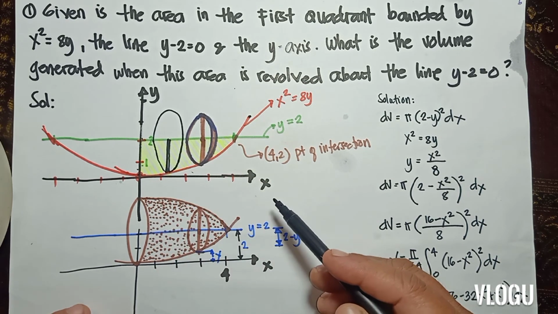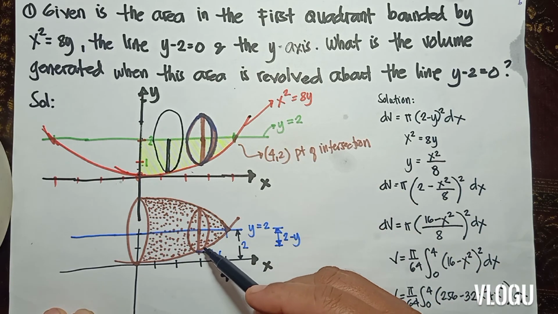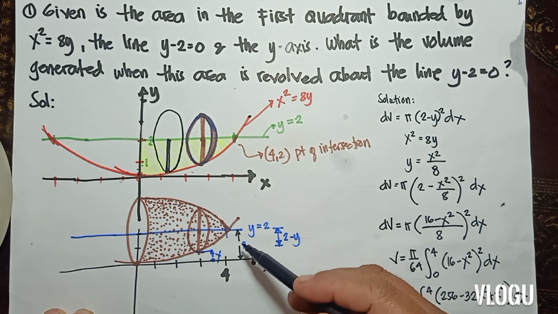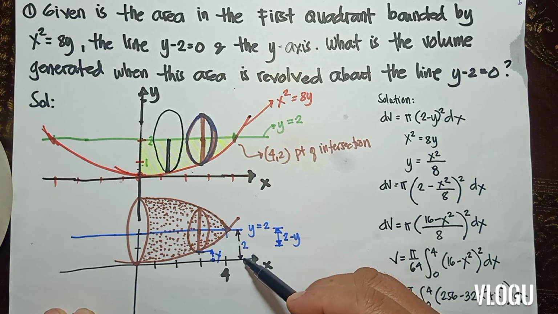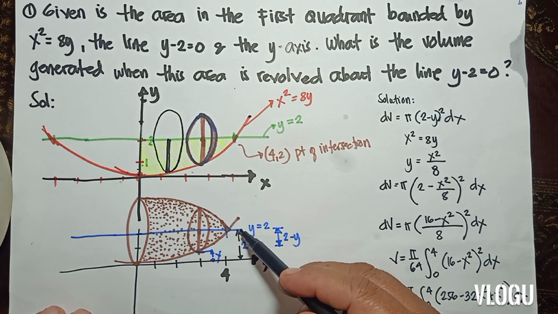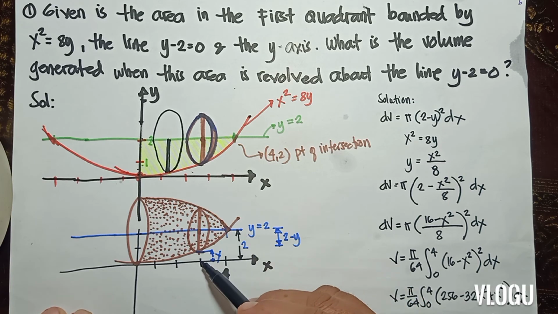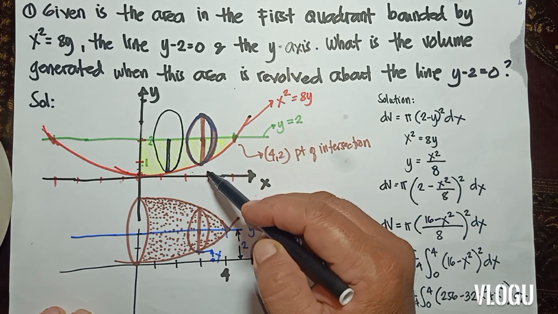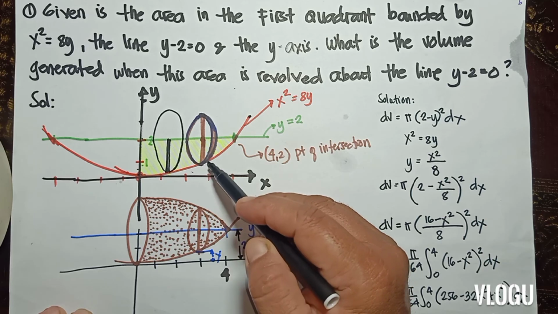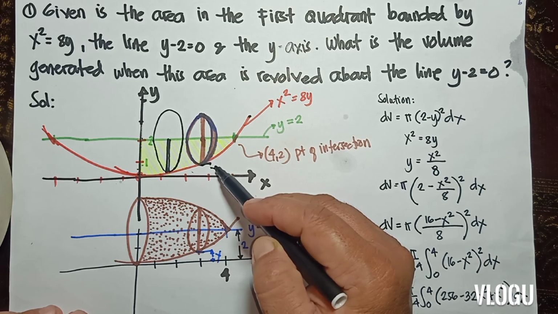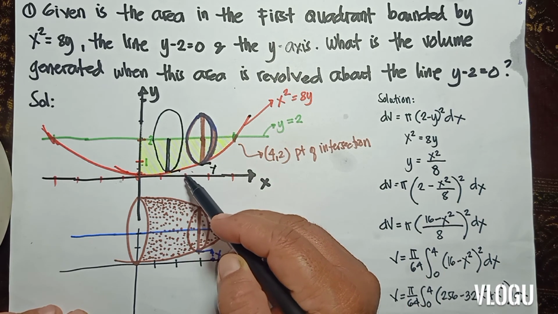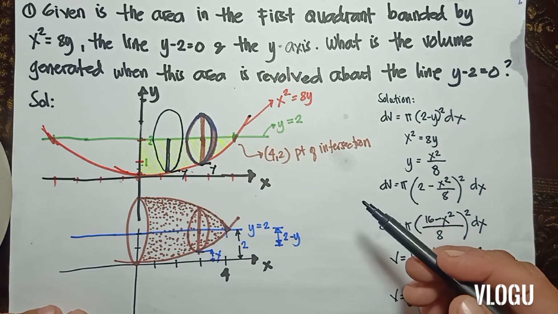So, if we are going to revolve this one about y is equal to 2, you will have from your x-axis towards y is equal to 2, the total distance equivalent to 2. Any distance from the x-axis up, that is equivalent to y.